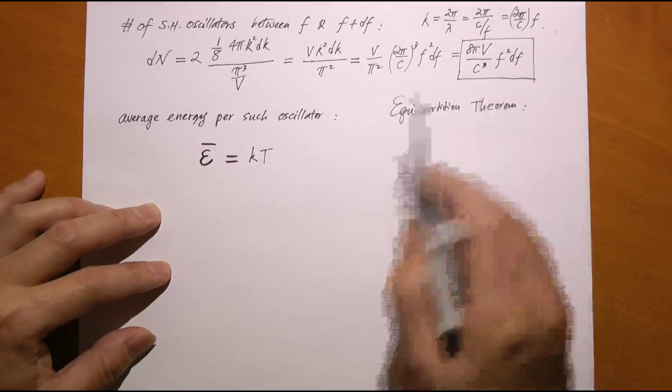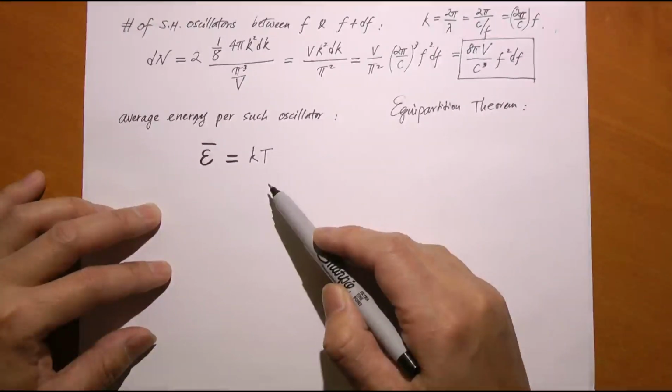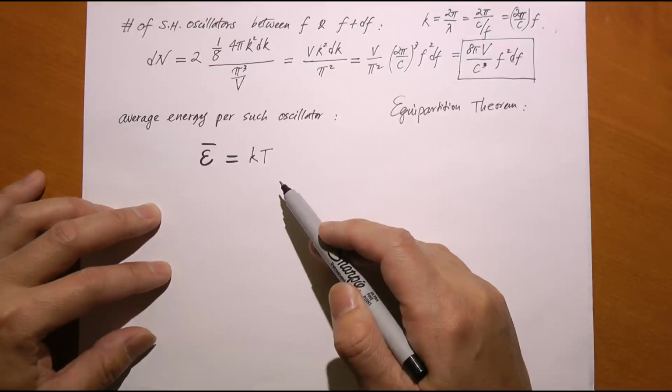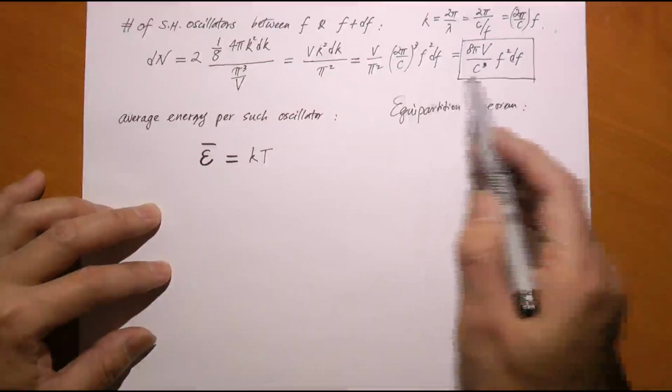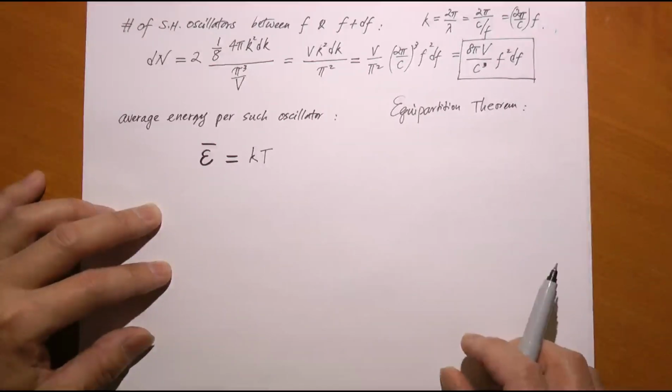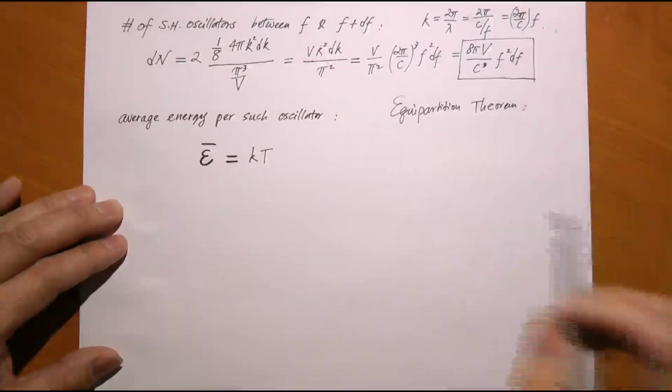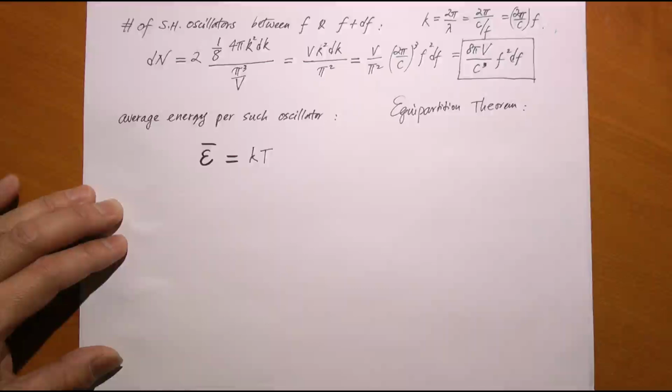Now, given these 2 results, can we find the total energy of all these electromagnetic oscillators operating between the frequency of f and f plus df within this black body? Yes, we can. It's a matter of a simple multiplication of dn and epsilon bar.